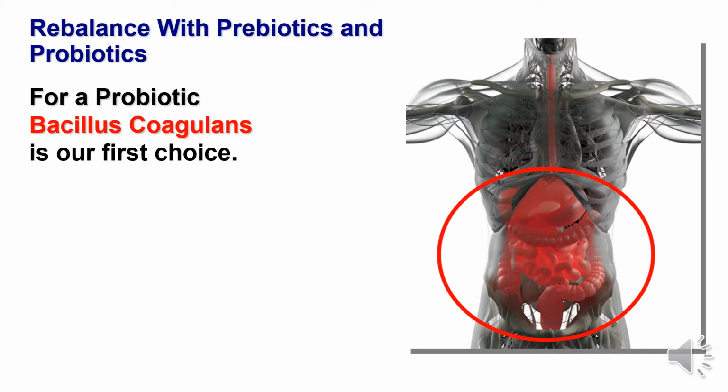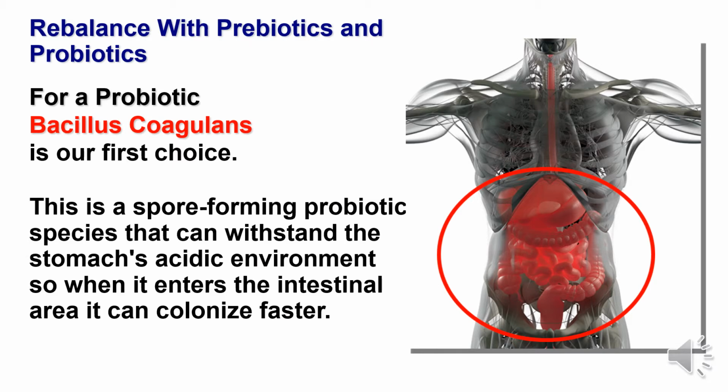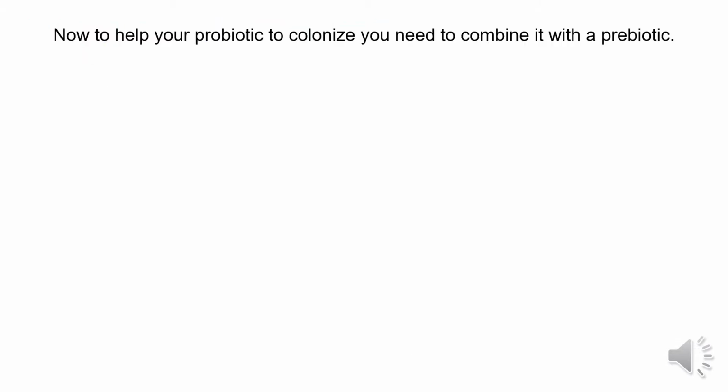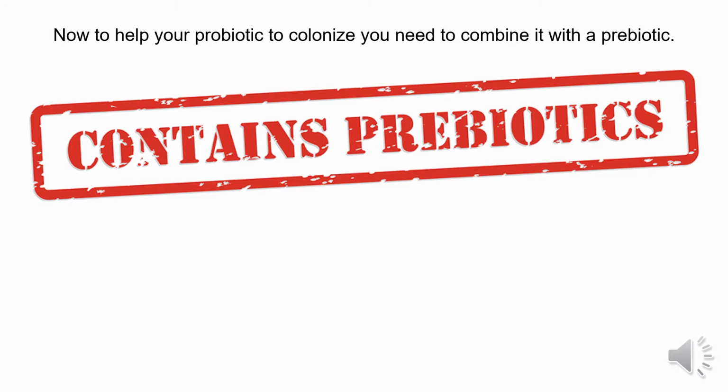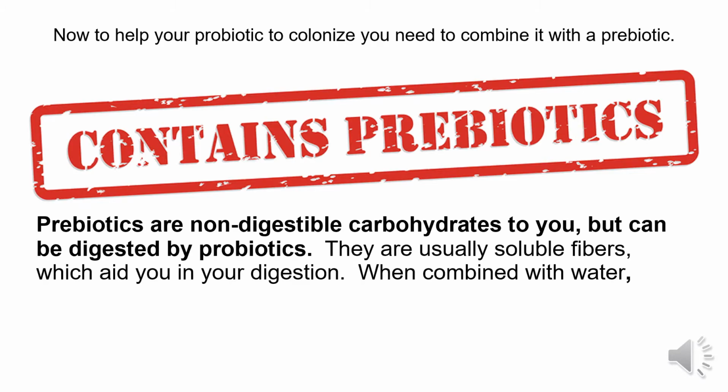For a probiotic, Bacillus coagulans is our first choice. This is a spore-forming probiotic species that can withstand the stomach's acidic environment, so when it enters the intestinal area, it can colonize faster. Now, to help your probiotic to colonize, you need to combine it with a prebiotic. Prebiotics are non-digestible carbohydrates to you, but can be digested by probiotics.